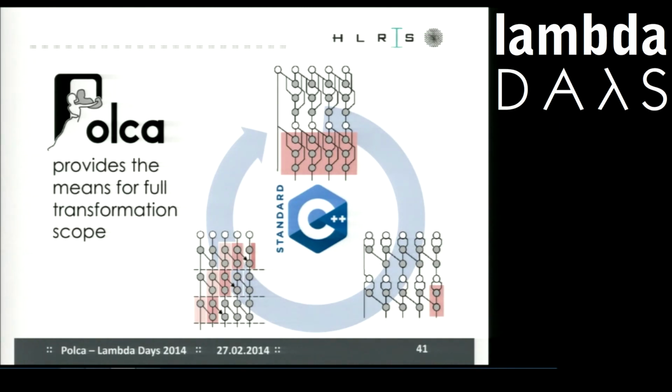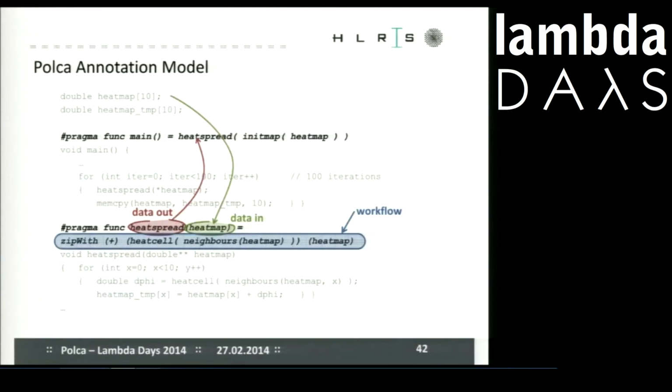So how do we plan to extend C? And here is where we come back to functional languages. In the approach we are taking right now, we are using Haskell, or a subset of Haskell.